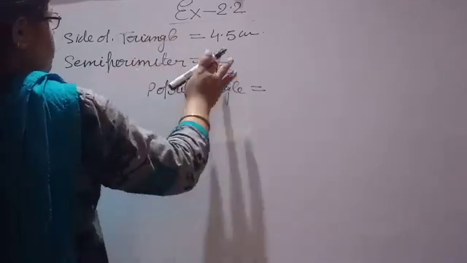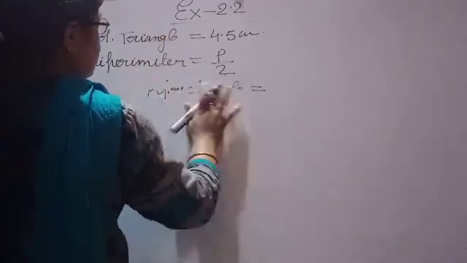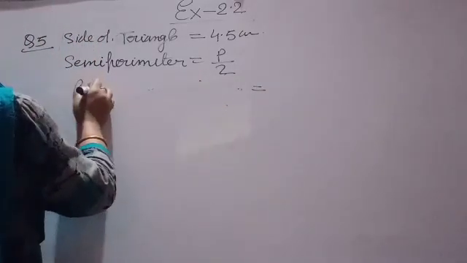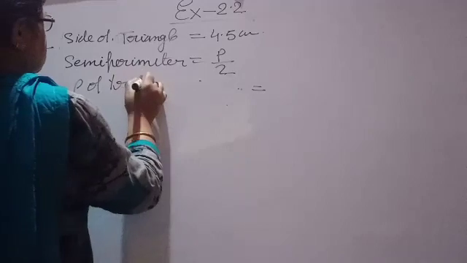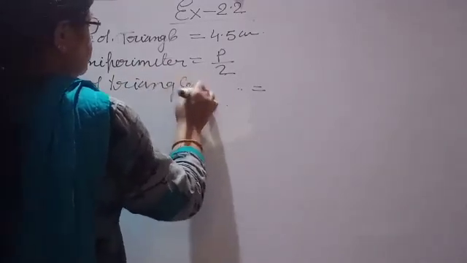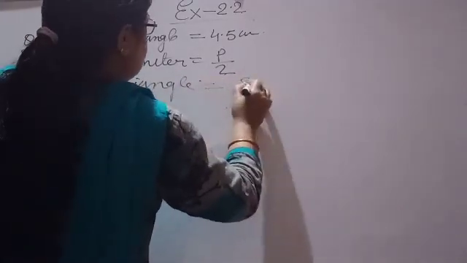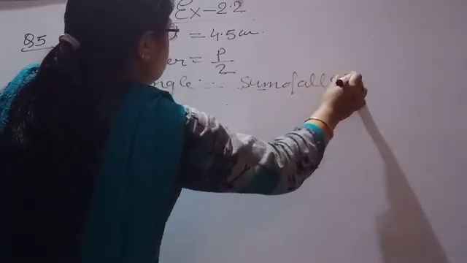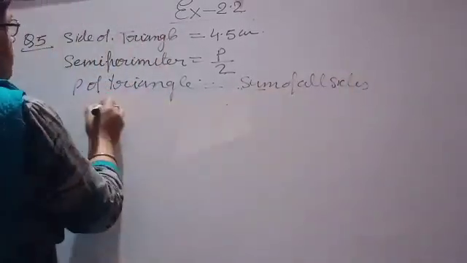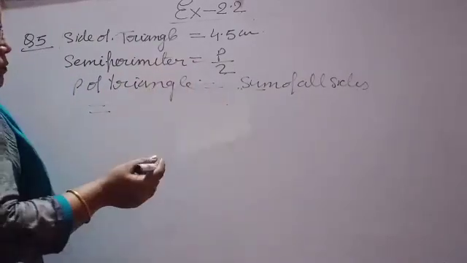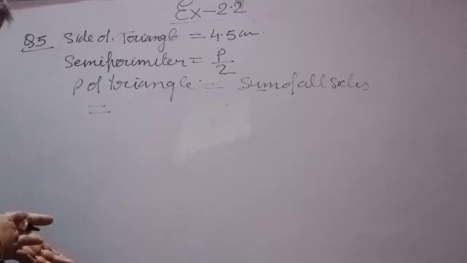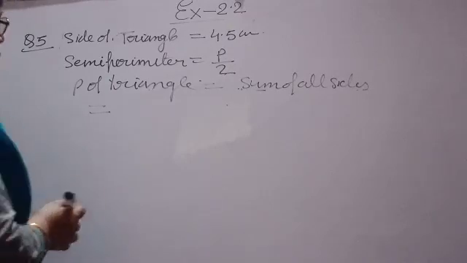Semi perimeter is equal to perimeter of triangle divided by 2. Perimeter of triangle is equal to the sum of all sides. Okay. Now, sum of all sides means, because we have been given one side, if the rest of the sides are not given, it means each side is 4.5 centimeters.